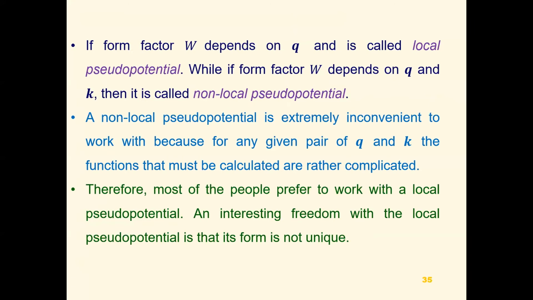A non-local pseudopotential is extremely inconvenient to work with, because for any given pair of Q and K, the functions that must be calculated for each of the wave vectors Q and K are rather complicated. Therefore, most people prefer to work with a local pseudopotential. An interesting freedom with the local pseudopotential is that its form is not a unique one.